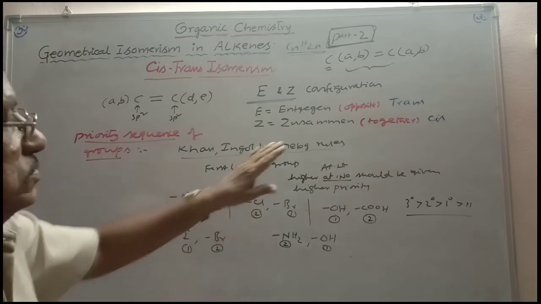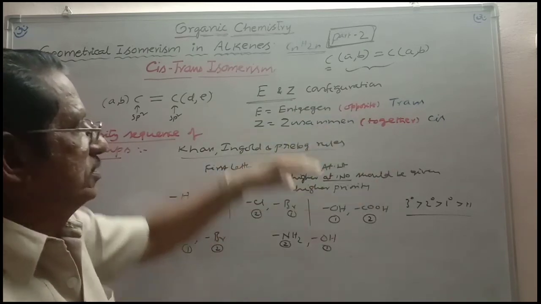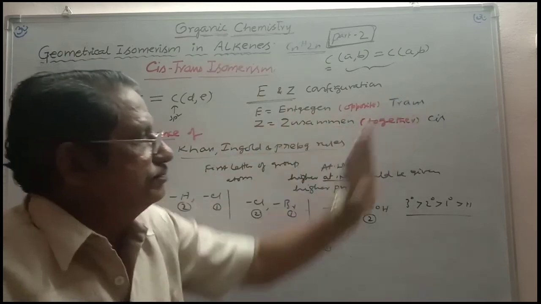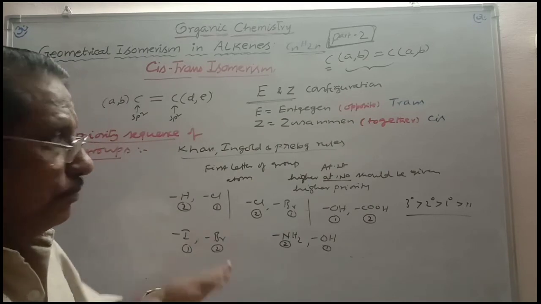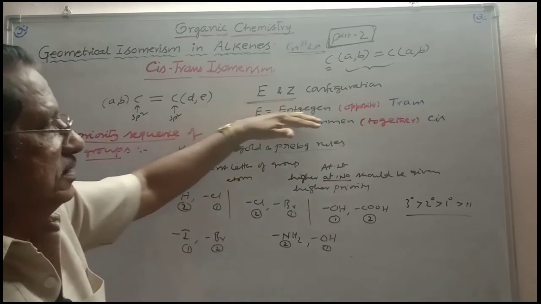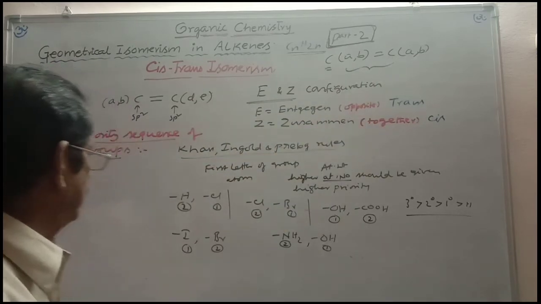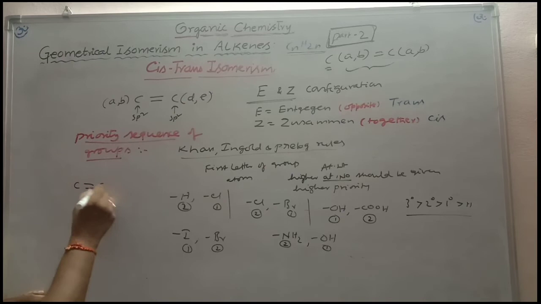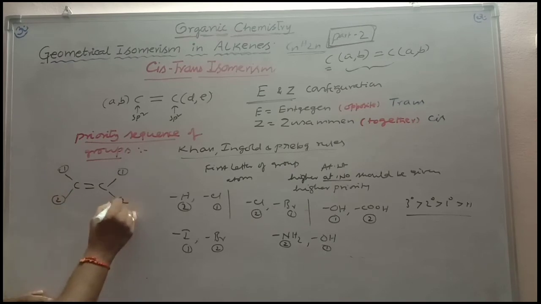Then, if the higher priority groups are on the same side, that is called Z, from Zusammen. If the higher priority groups are on opposite sides of the C double bond plane, that is called E, from Entgegen, meaning opposite. Take C double bond C with first priority here, first priority here, second priority here, second priority here.